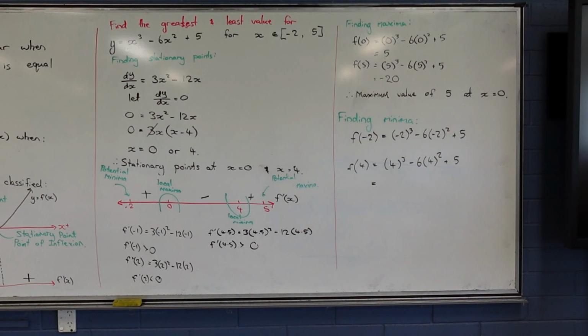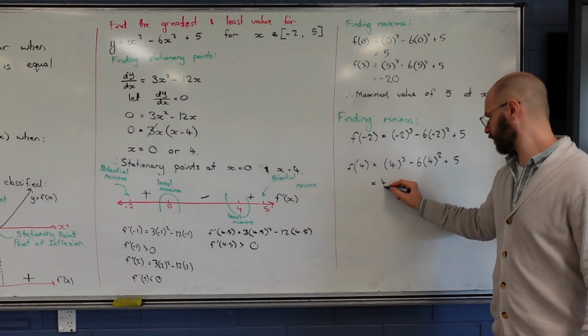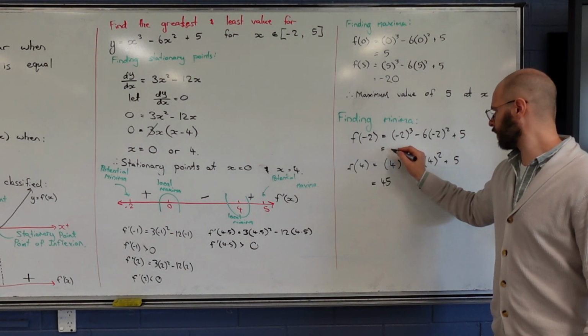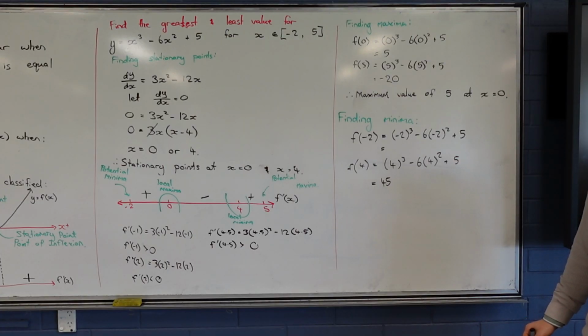Sixteen fours are 64. Take 24 plus 5. It's 45. I don't think that's right.